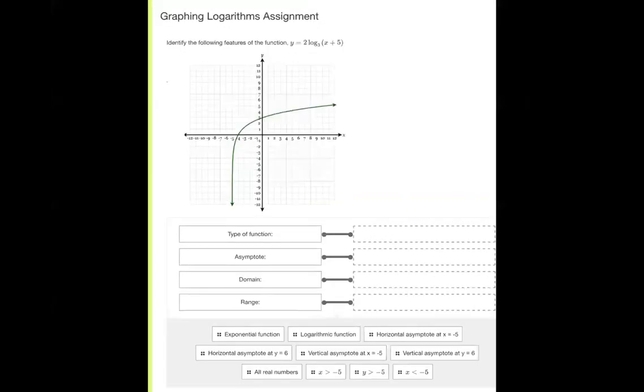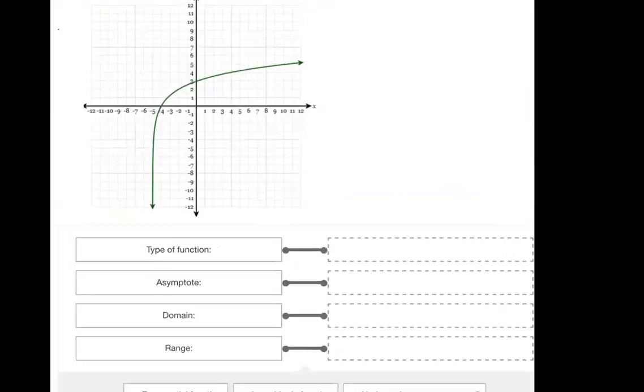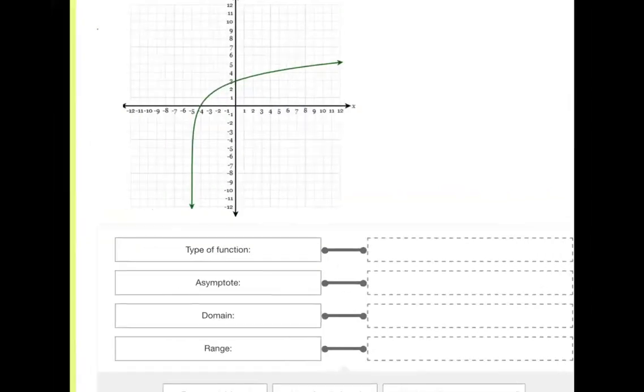Okay. This one, type of function, it tells you log. So it's a log. And logs have asymptotes that are vertical. So this is a vertical asymptote of x equals -5. And then the domain would be x is greater than -5, and the range is all real numbers.